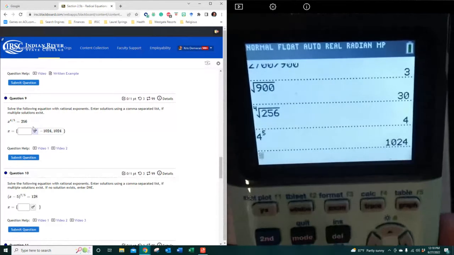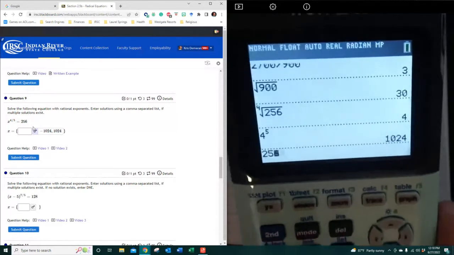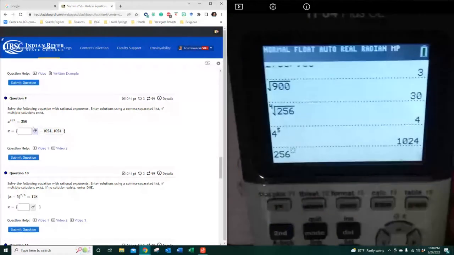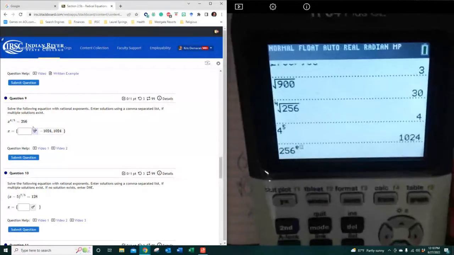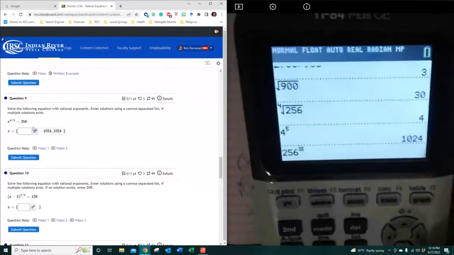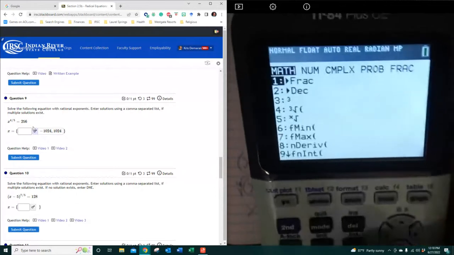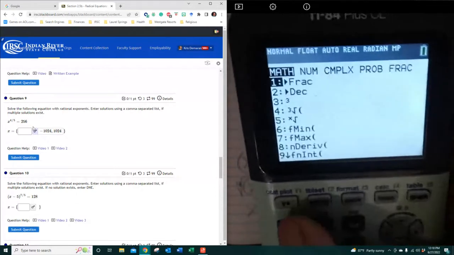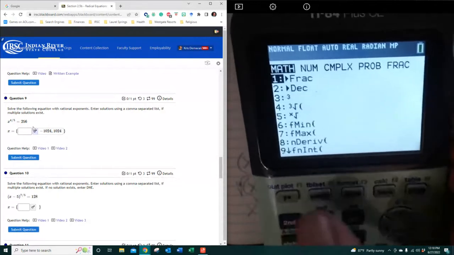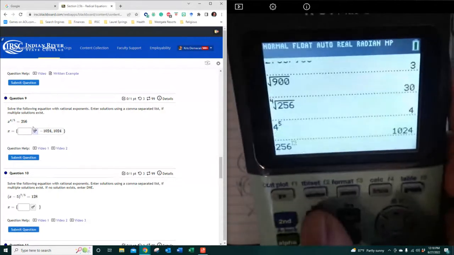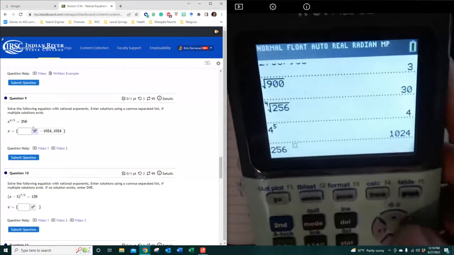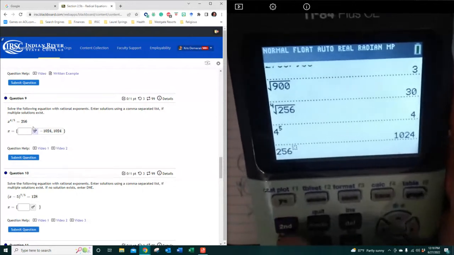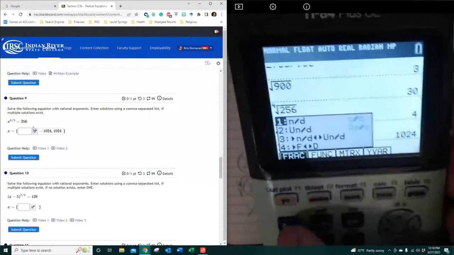If I raise 256, I want to put a fraction.